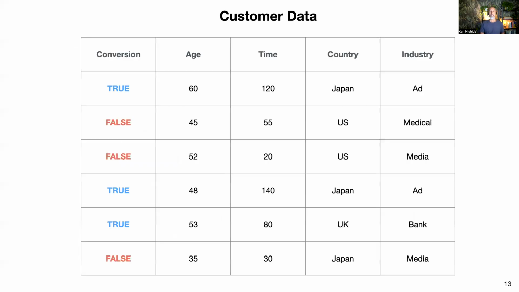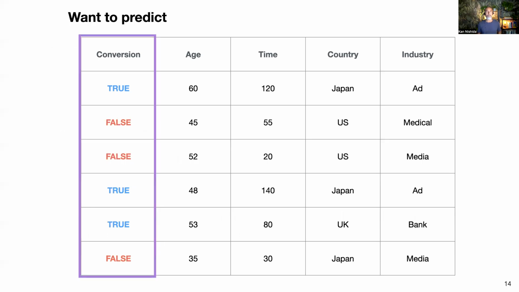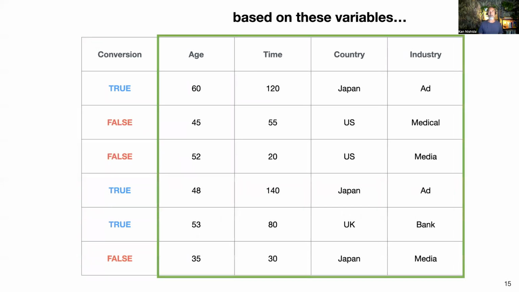Okay, so here is a customer data. Each row represents each customer, and the columns are maybe age, time, country, industry, and so on. And then the left-hand side is the conversion column. That is what we are interested in, or we want to predict, right? And then the rest of the columns are the customer's demographic data, attribute data, or usage data, and so on.